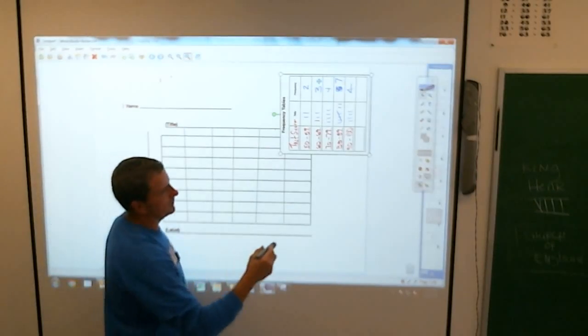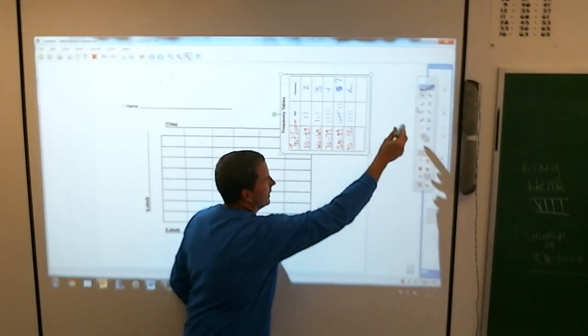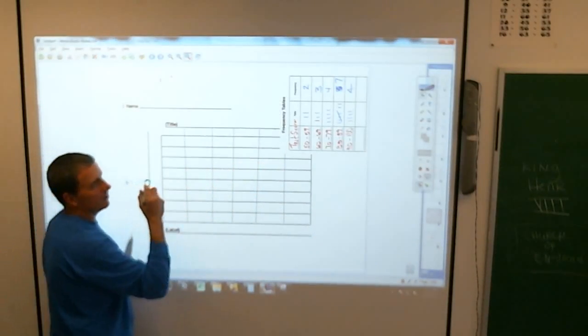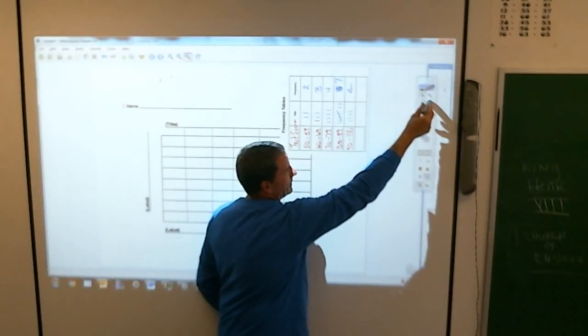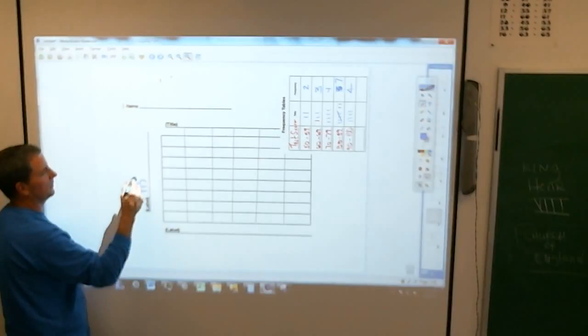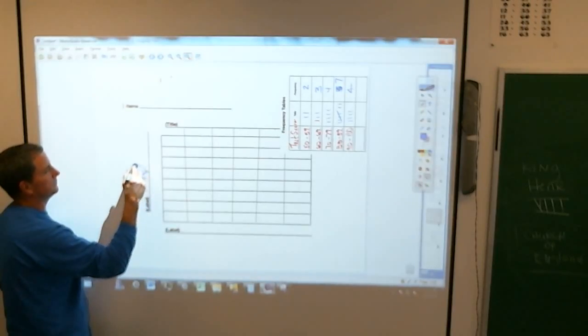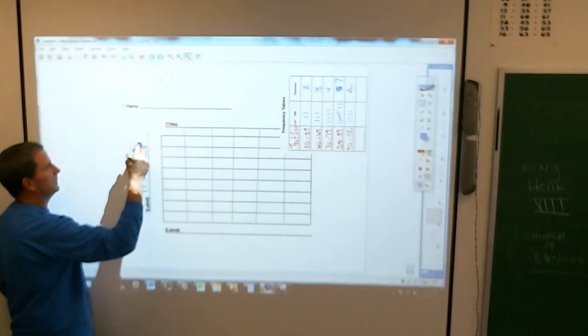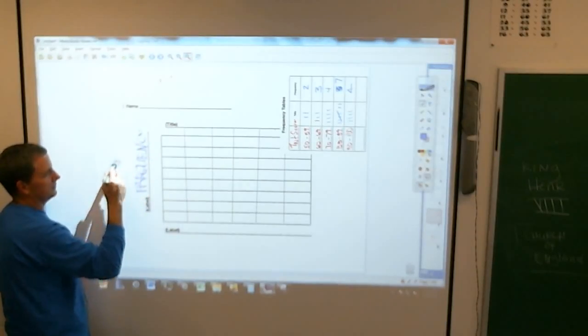Okay, and then underneath those, if we fill in our blank, going up is always going to be frequency. This is always frequency. How many?